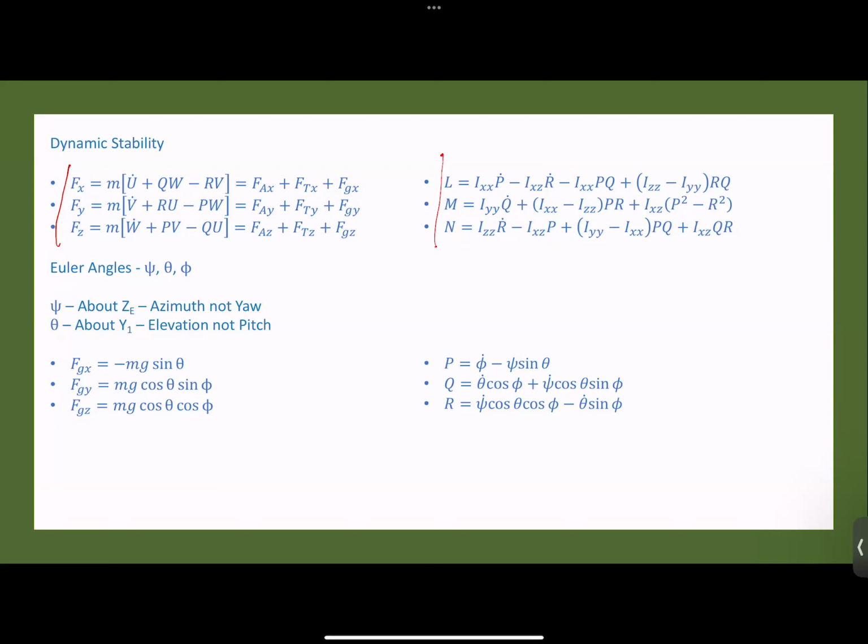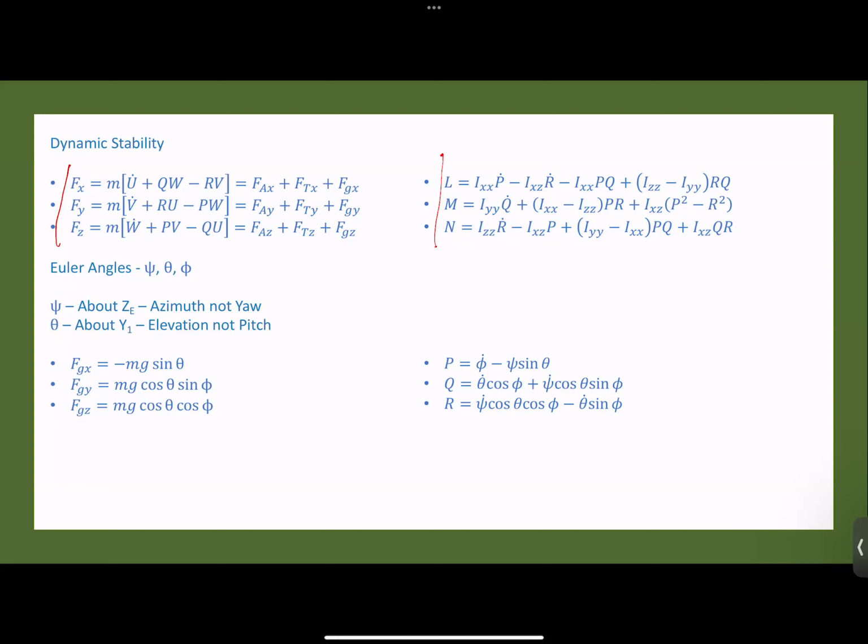We had also discussed that these are not to be confused with the yaw or the pitch angles, which are measured in the body frame. So the orientation of the body frame with respect to the inertial frame is the Euler angles. They are not to be confused with yaw and pitch angles.